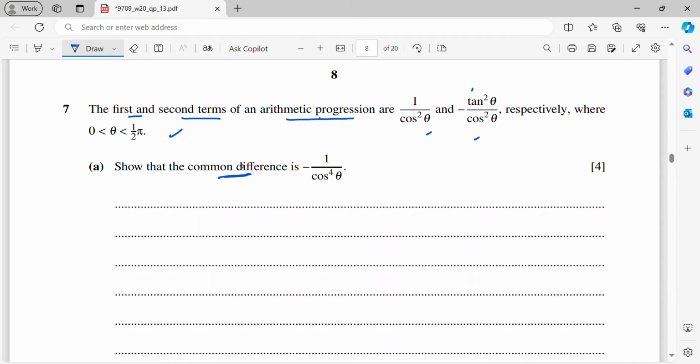So now common difference. Common difference we always minus, right? So common difference is second term minus first term.